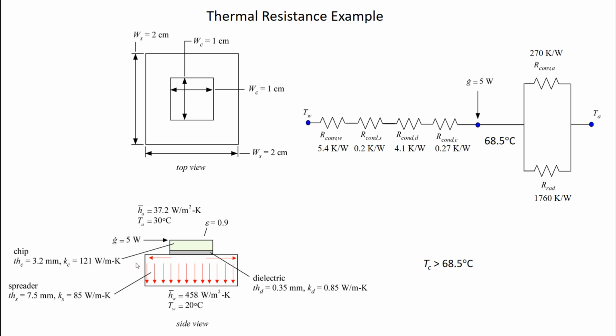I have no additional spreading resistance in my model. This is actually a two-dimensional problem, right? But I'm modeling it using a bunch of one-dimensional resistors. And the way that I got by with doing that is I said, I'm just going to ignore any spreading resistance. I'm going to assume that this expansion can happen without any penalty at all.